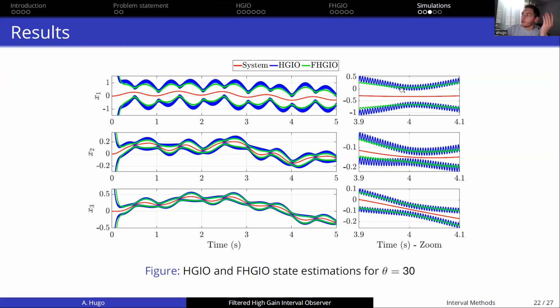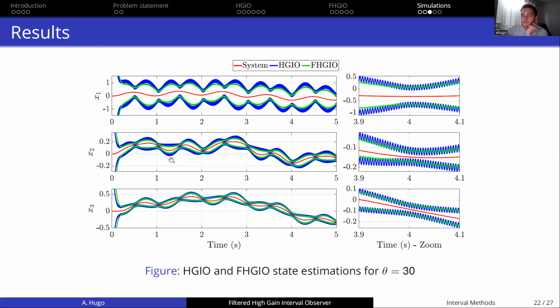So we can see that the blue curve is really more noisy, and the noise has been taken as a sine wave just for simulation purposes. And the last property that we can see is that the convergence is now faster, also due to the eigen properties. So we have at the beginning a peaking-like phenomenon, but then the convergence is obtained quickly.